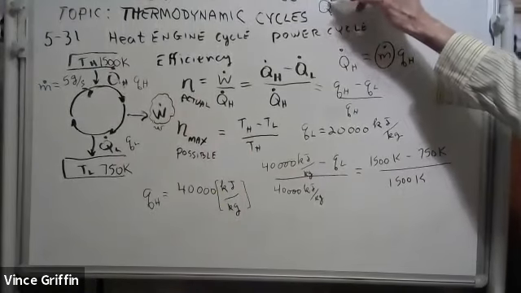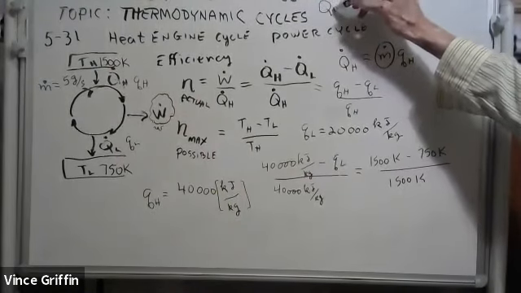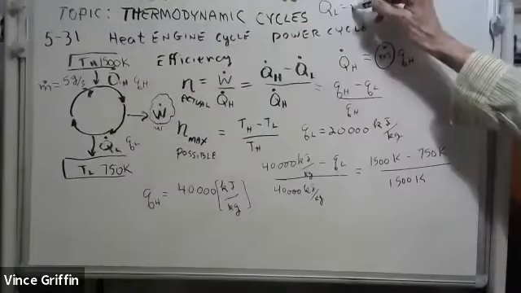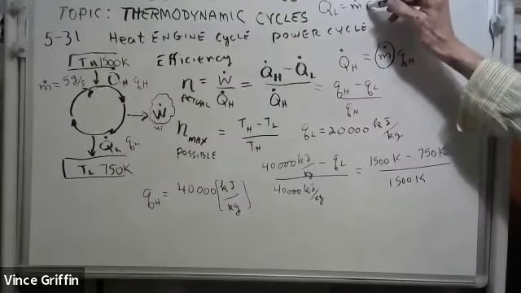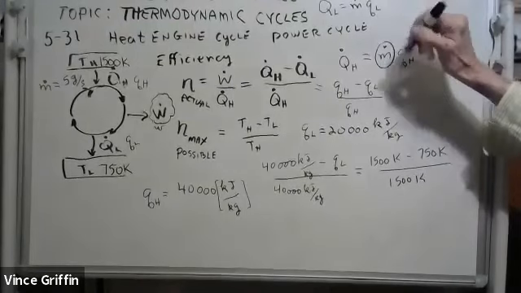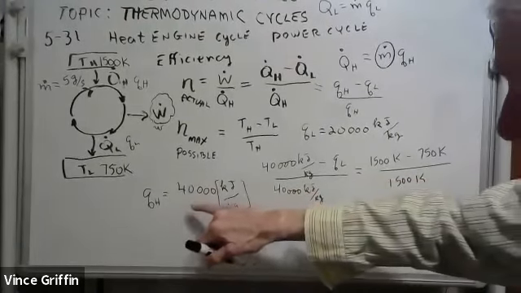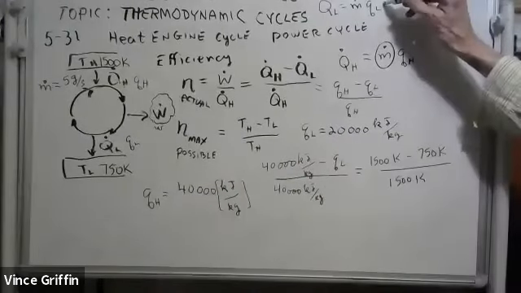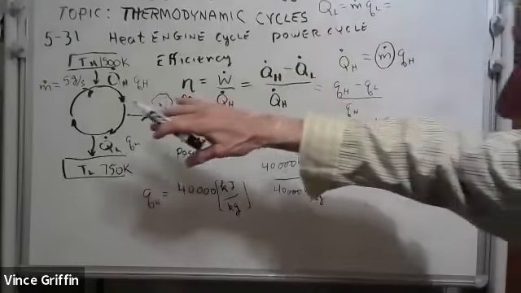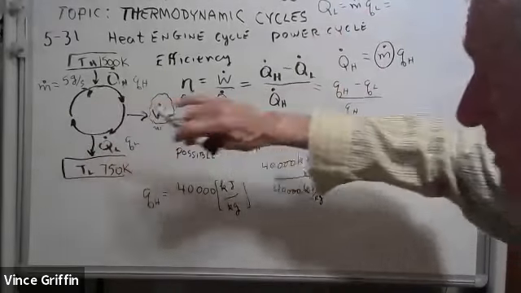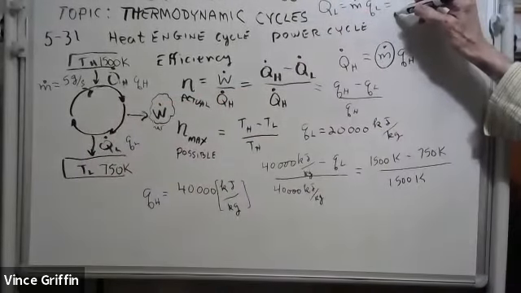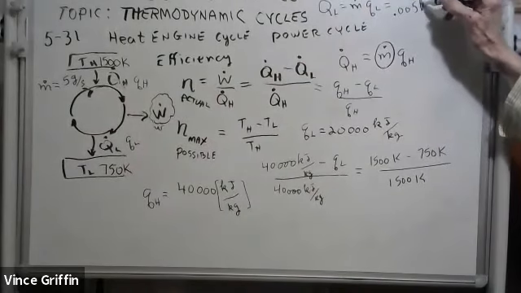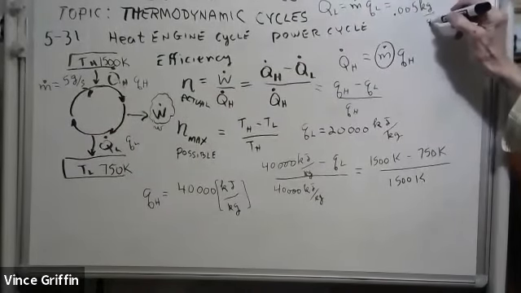QL dot is going to equal your m dot times a little qL. And Bryce got the little qL right. But now watch it. That m dot needs to be in kilograms, so write it as 0.005 kilograms per second.